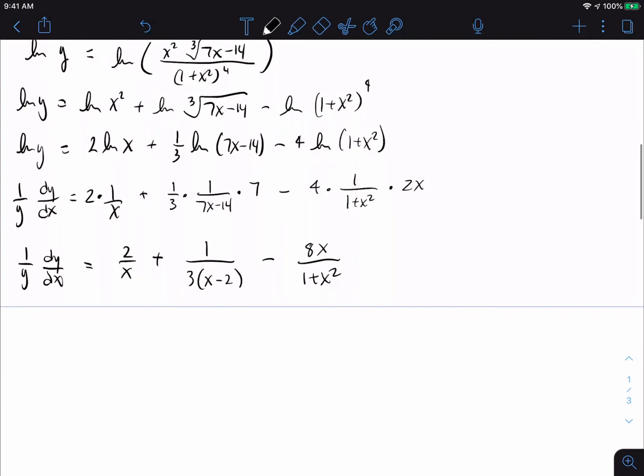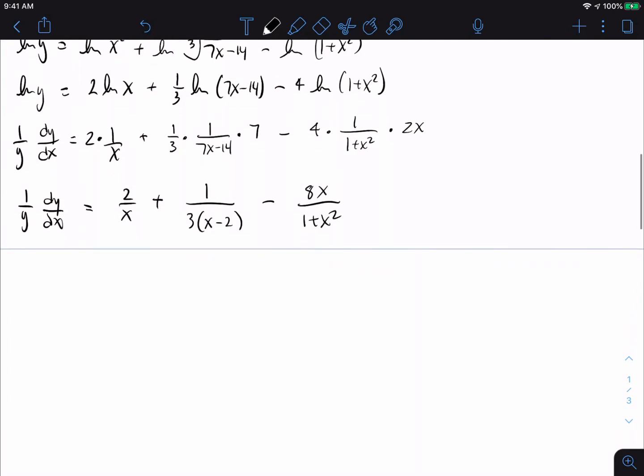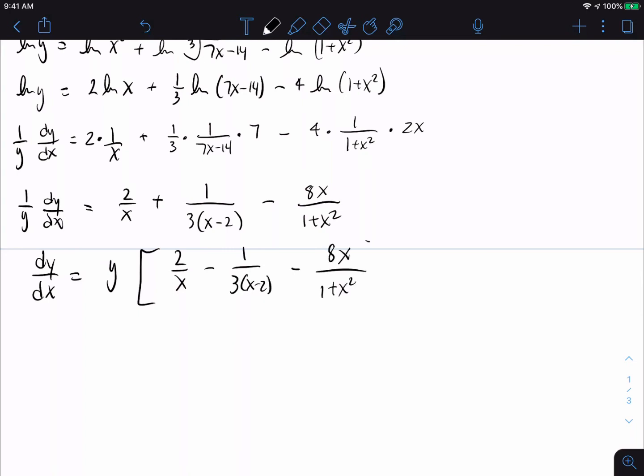Okay. So then from here, I need dy dx to be alone. So I'm going to get y times 2 over x minus 1 over 3x minus 2 minus 8x over 1 plus x squared. But guess what? I know what y is. Don't I?